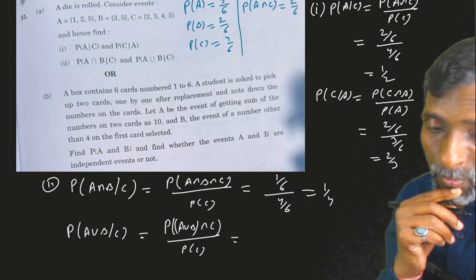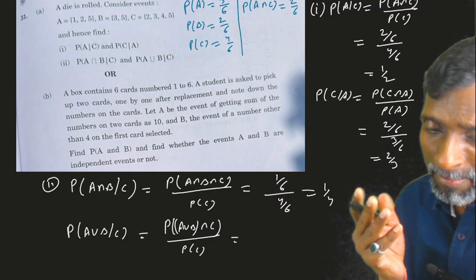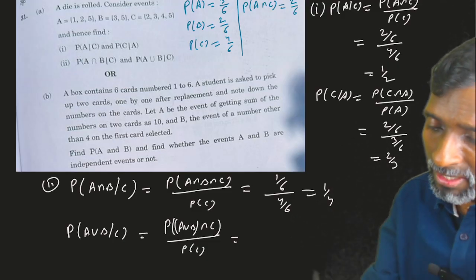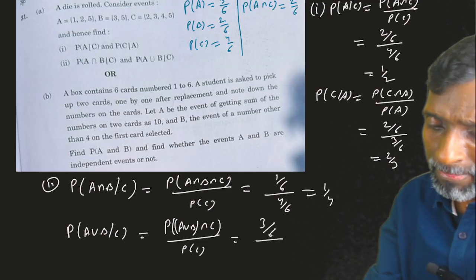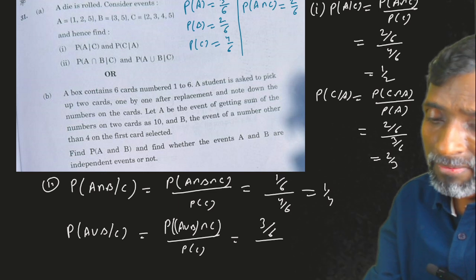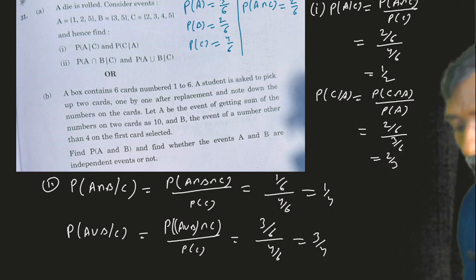It is 1, 2, 3, 5 and 2, 3, 5. So it is 3 elements. So 3 by 6 divided by probability of C, which is 4 by 6. So the answer is 3 by 4. So this is the formula based question.